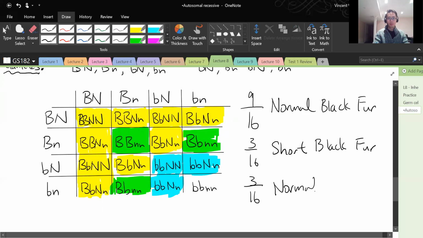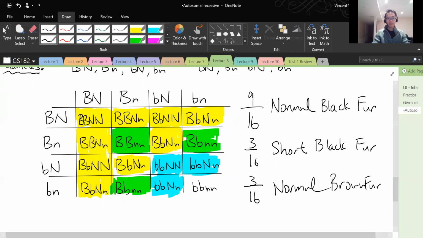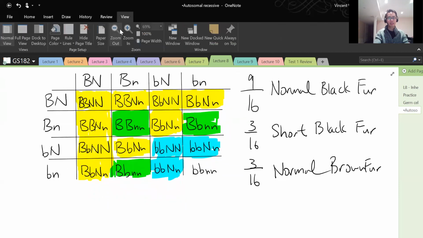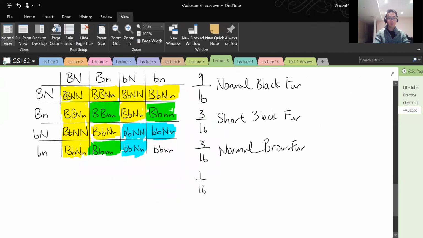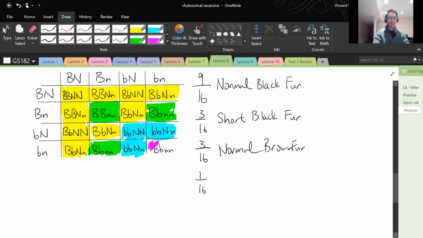Normal brown. And then finally, 1 out of 16, which is this guy. What is this? Short brown fur. Okay, so we get our 9 to 3 to 3 to 1 ratio.